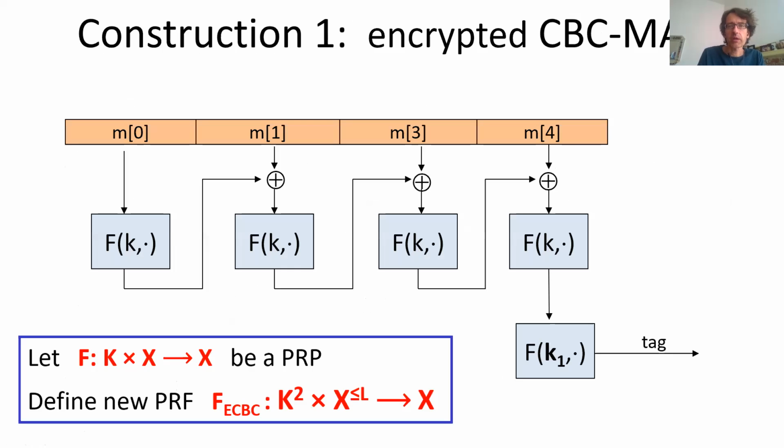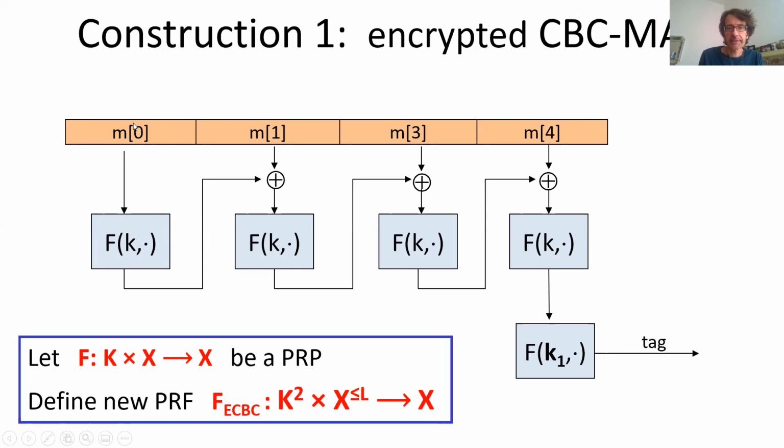So here is the first of them. It's a CBC MAC. You can see that its circuitry is very similar to CBC encryption. If F is a block cipher, then you take your message, you divide it into blocks whose size is the same as the plaintext block of the block cipher.